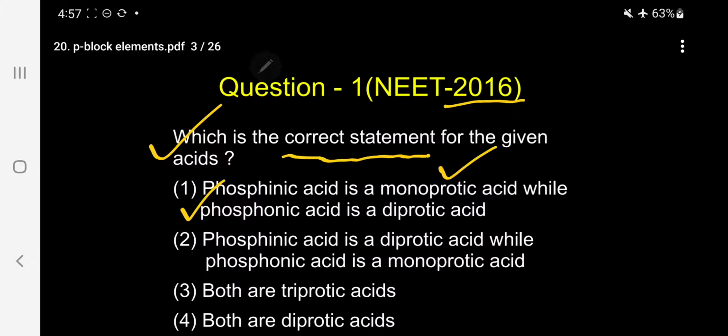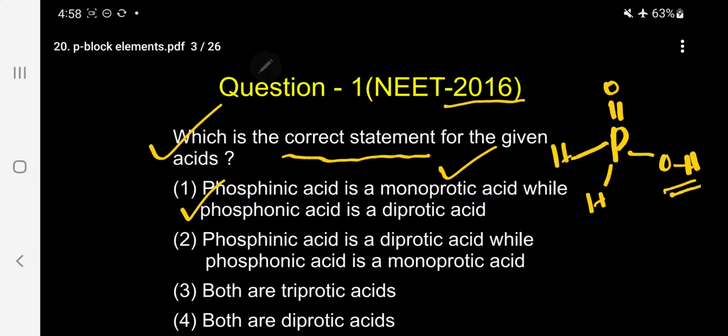I can write the structure here: P double bond O, then H, then OH. This is the phosphonic acid. Here it contains only one OH group, so it is monoprotic.